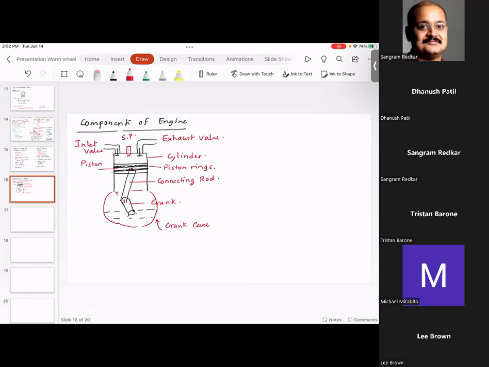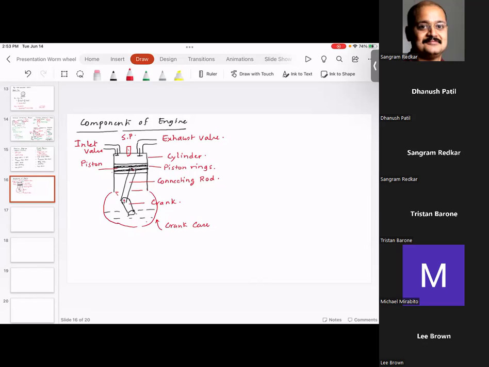Functions. So the first and foremost, inlet valve opens, air fuel mixture enters, and the piston goes down. And then inlet valve closes, piston starts going up, it compresses the fluid, air fuel mixture, and the temperature goes up, the pressure goes up, and at the end of the compression stroke, the spark is ignited.